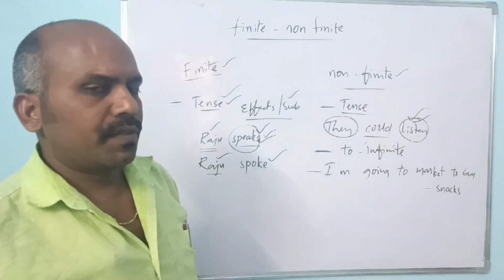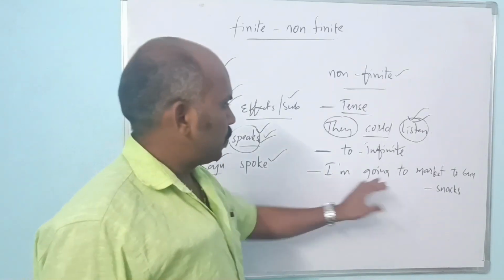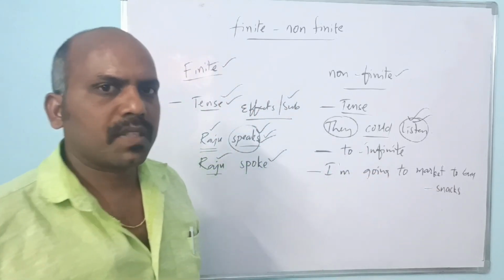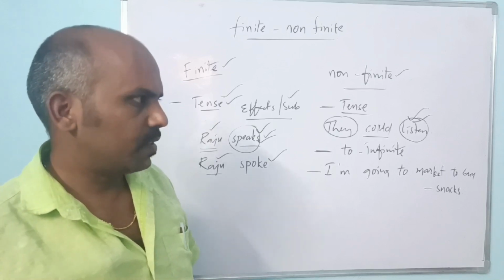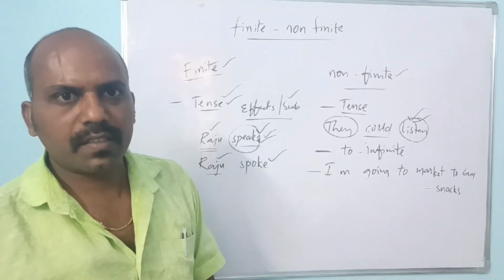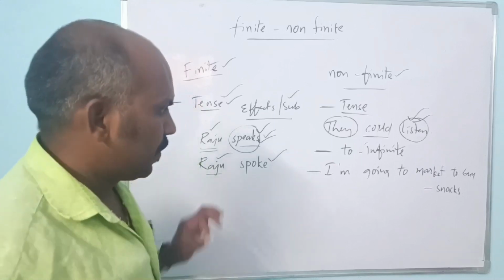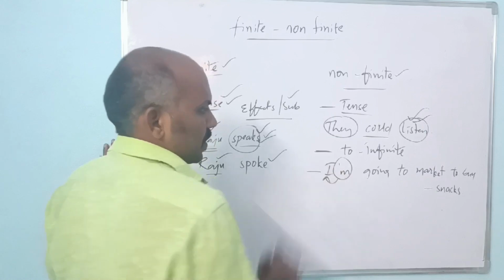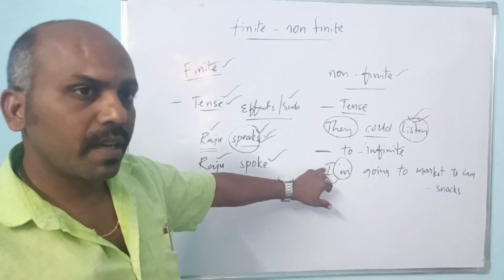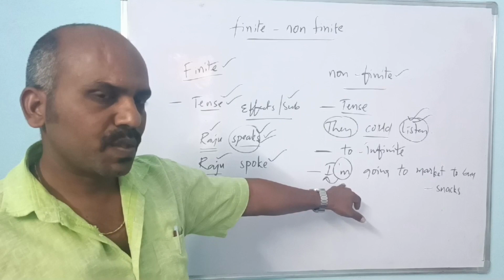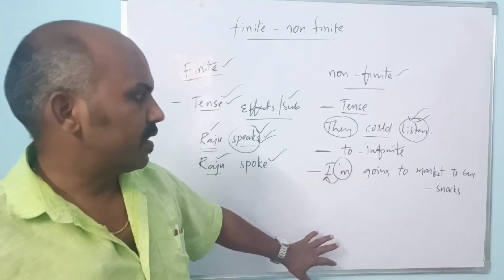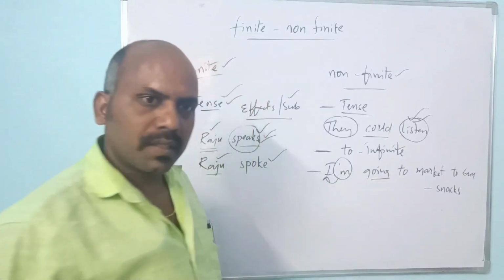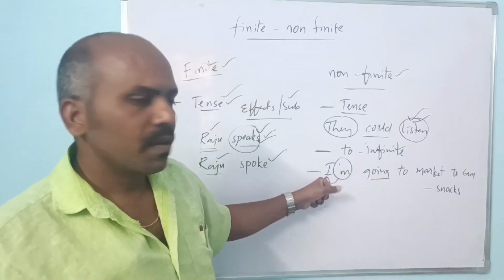Up to 'I am going to market' is a sentence in present continuous tense. In this there is a finite and a non-finite verb. The finite verb is am, because it is affected by the subject. Because the subject is I, we used am. So am is finite because it is affected, and going is not finite because it isn't affected by a subject.